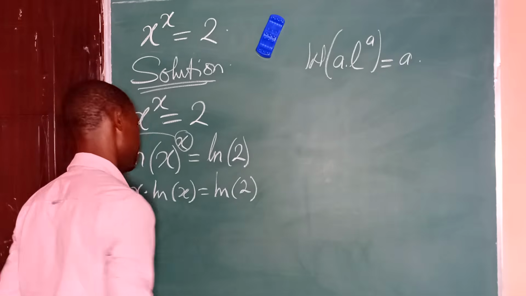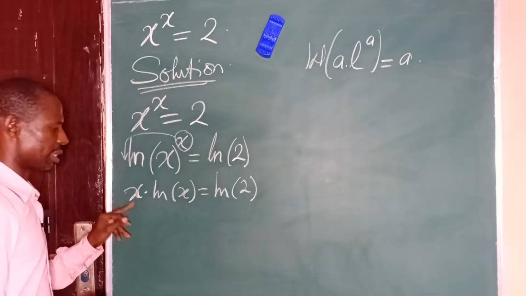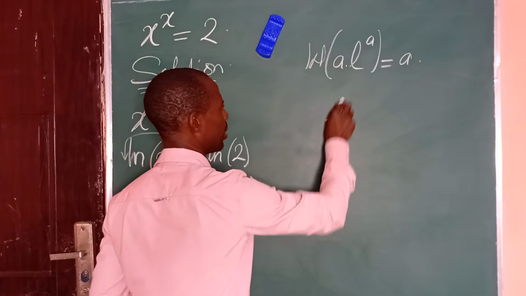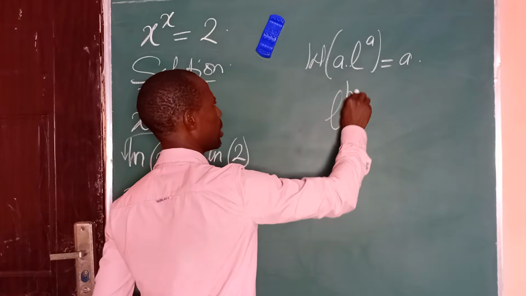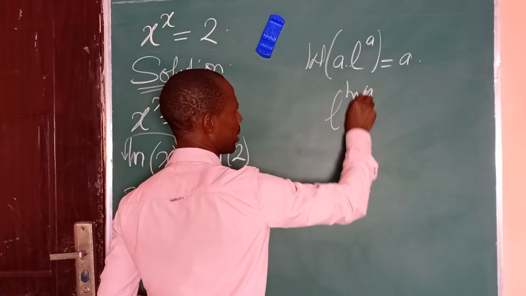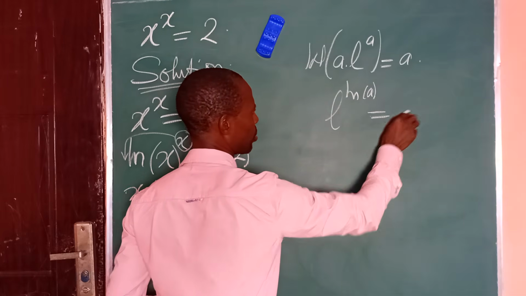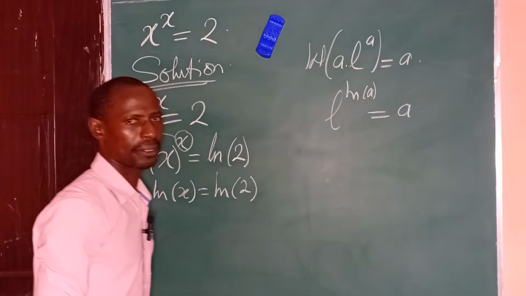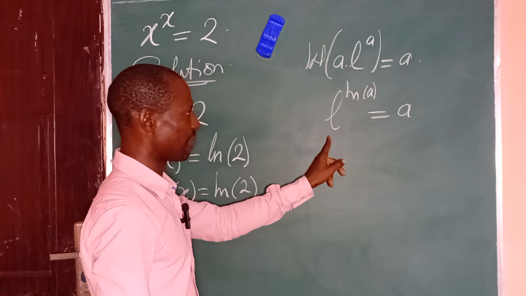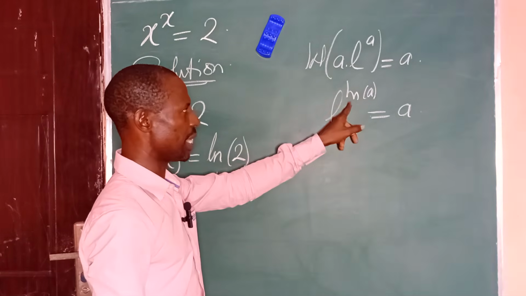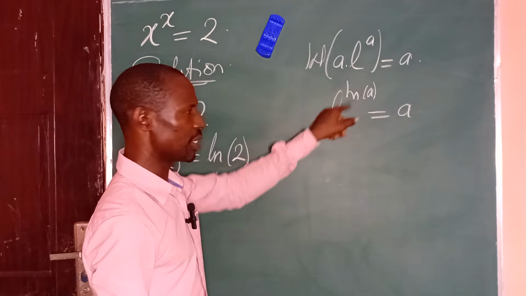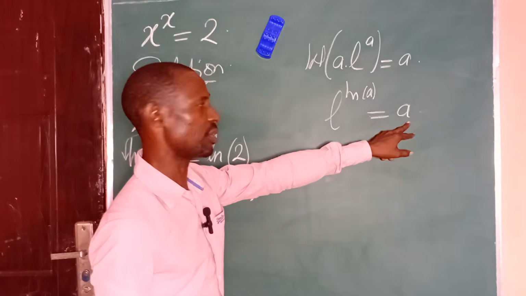Okay, good. Now we are going to rewrite this. Remember that if you have e to the ln of a, this is also equal to a. Because this is ln base e, and we have e raised to ln base e of a, then this will leave the system, leaving us with just a.